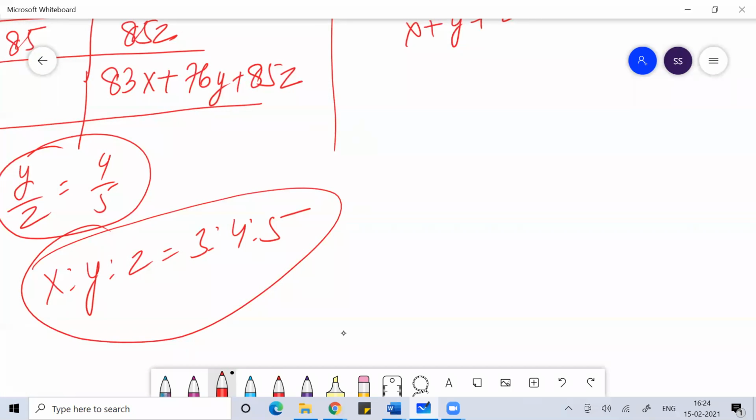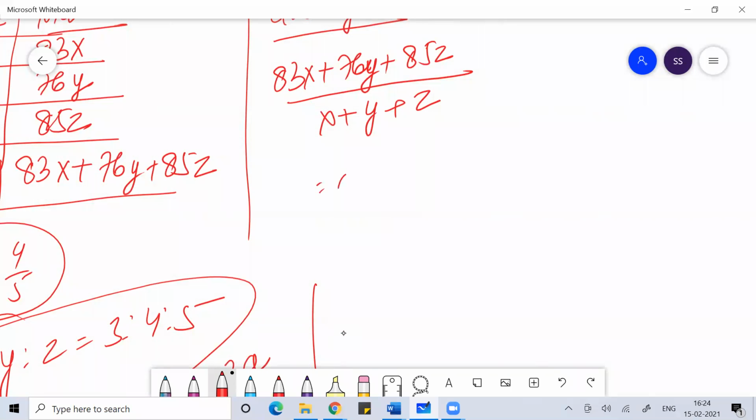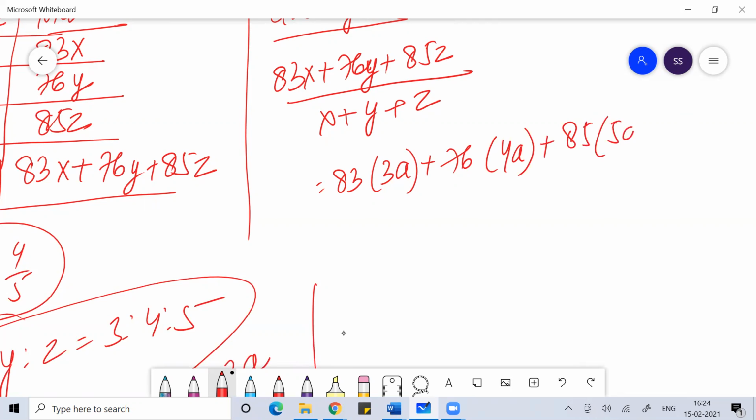So I can write x is equal to 3a, y is equal to 4a, and z is equal to 5a. You can simply substitute it here: 83 into 3a plus 76 into 4a plus 85 into 5a, divided by 3a plus 4a plus 5a.